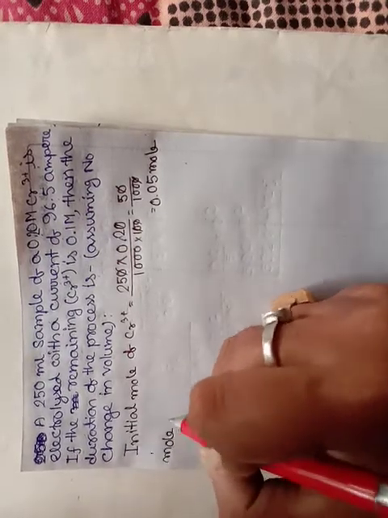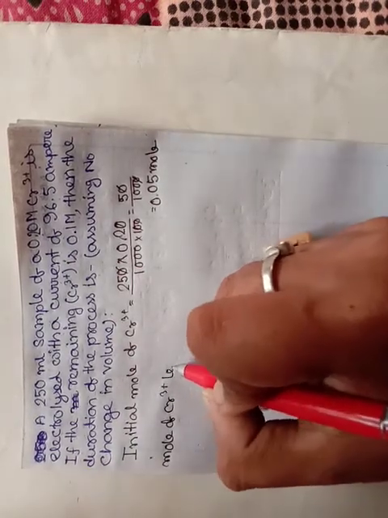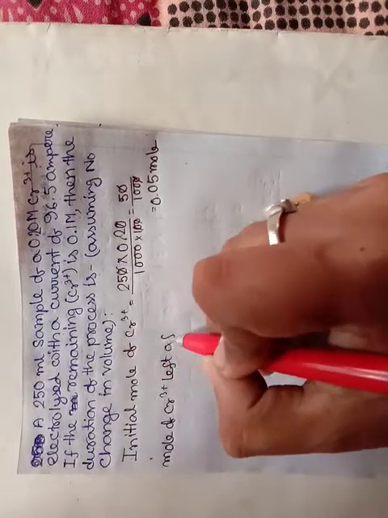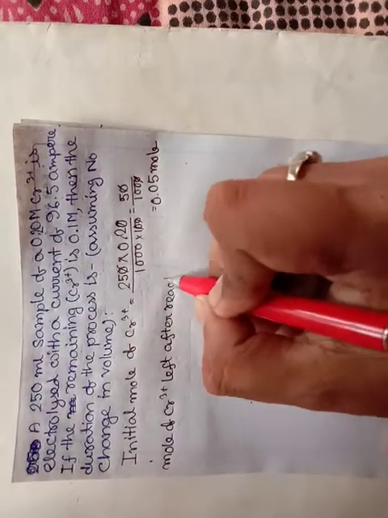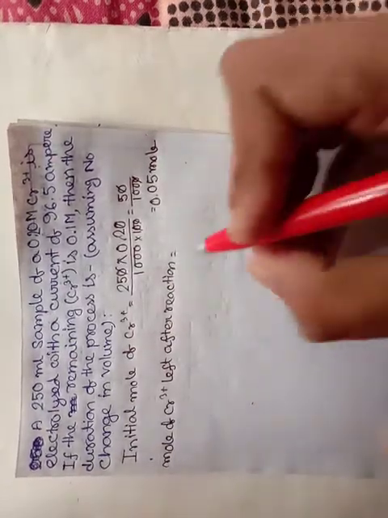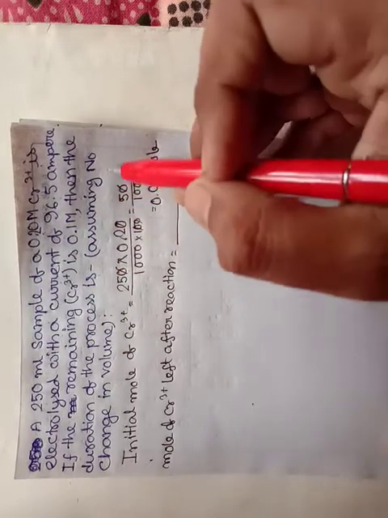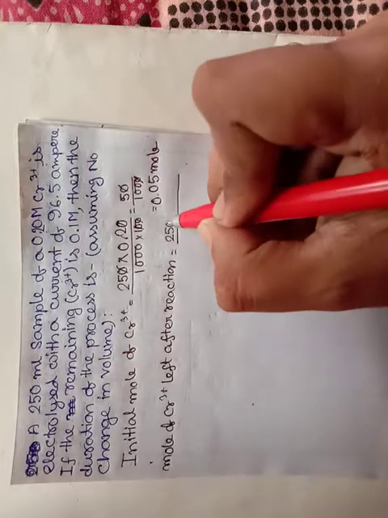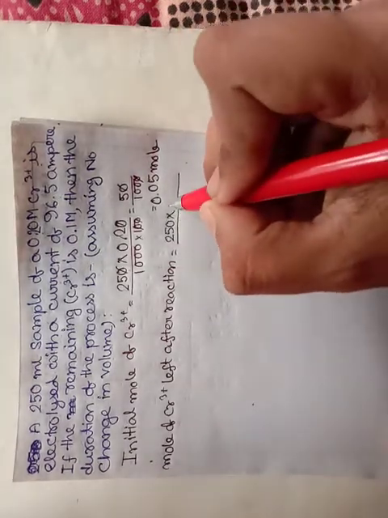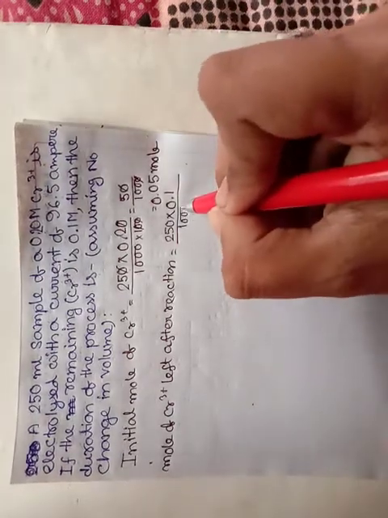Moles of Cr3+ left after the reaction, after electricity is passed: there is no change in volume, so volume is again 250, into strength 0.1 by 1000.